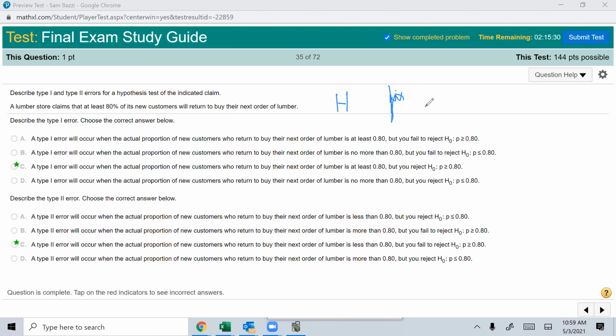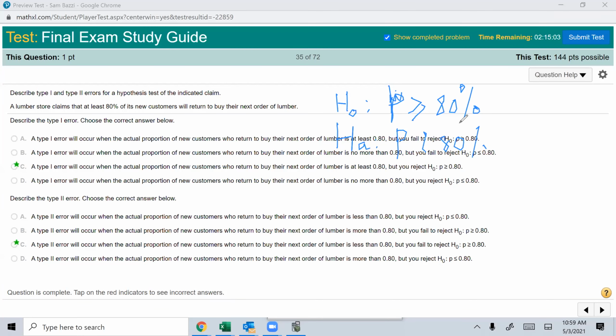So greater than or equal to 80%. That's what at least means. And what would be the opposite of this statement? And it turns out to be in the null hypothesis. And what would be the alternative? It is less than 80%.